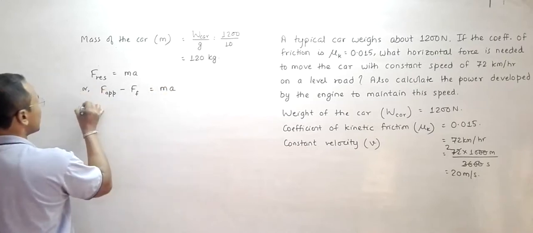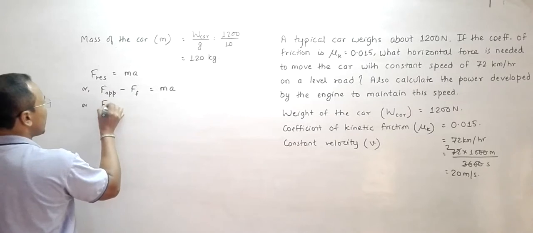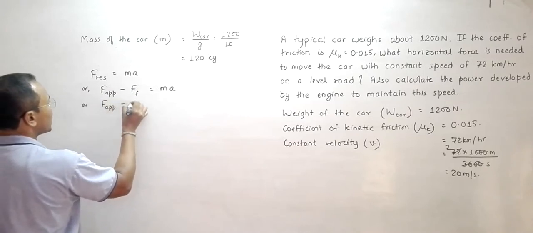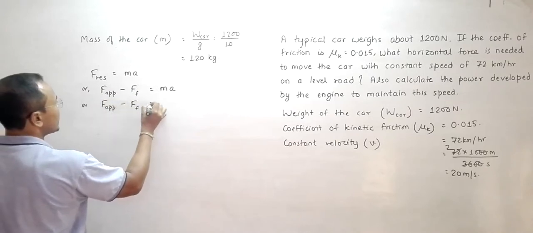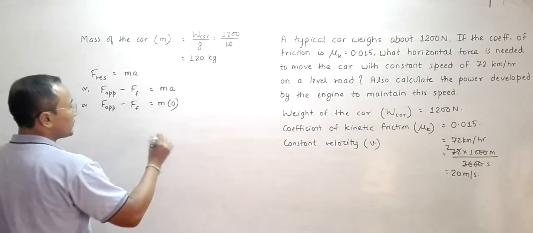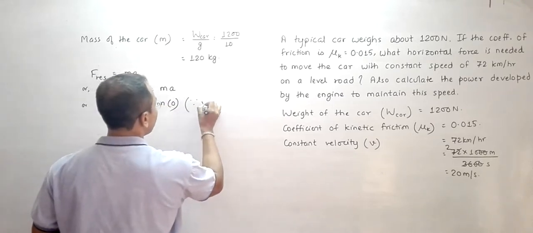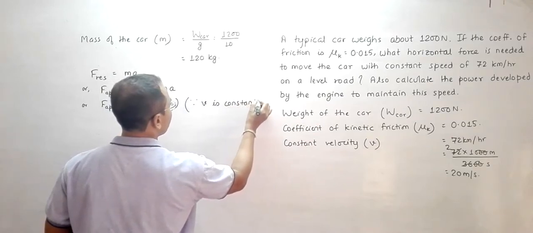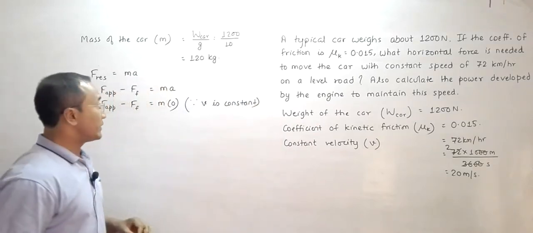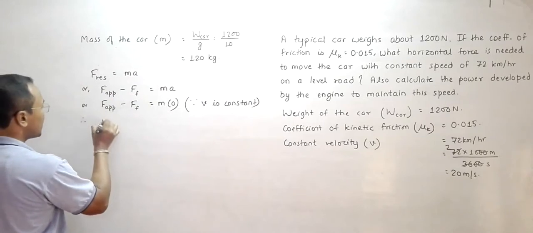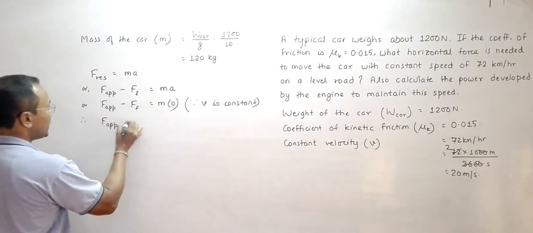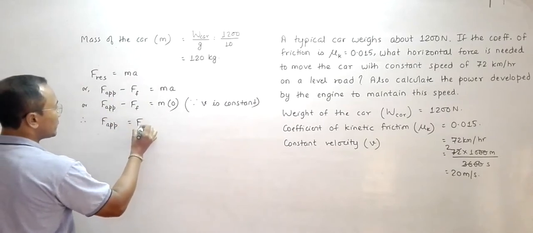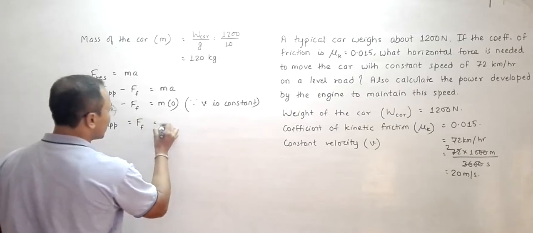So force applied minus frictional force is equal to mass into 0, because here V is constant, so a is equal to 0.